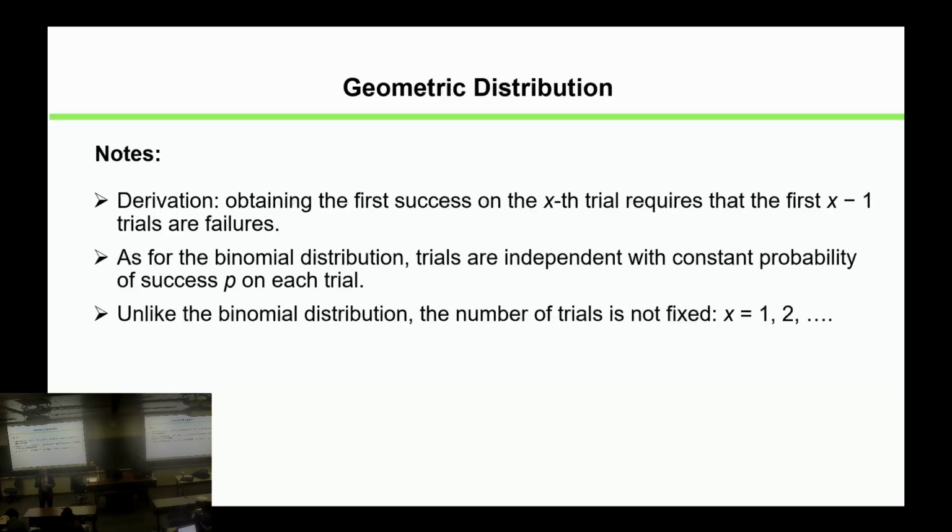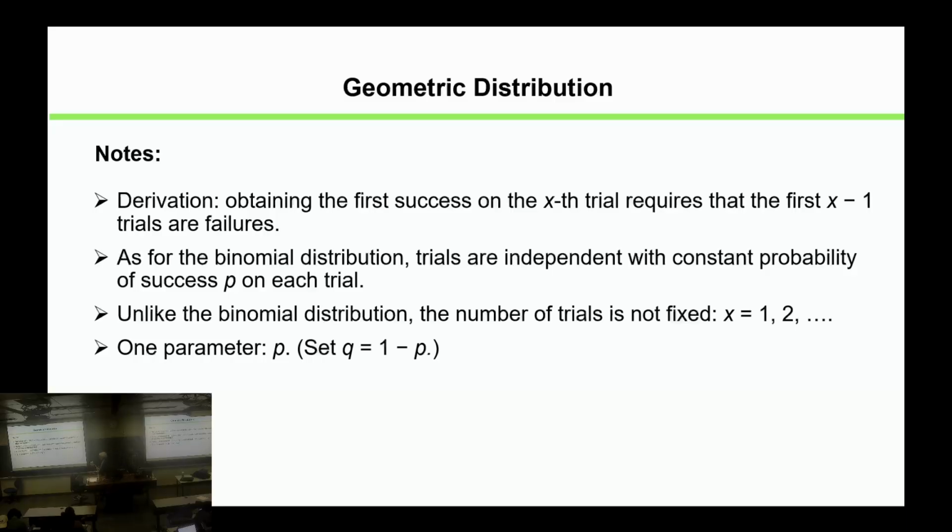It's also a discrete random variable that takes on a countably infinite number of values, okay? And so we don't know what that value might be. Whenever we do get that first success, we can count the number of trials it took.